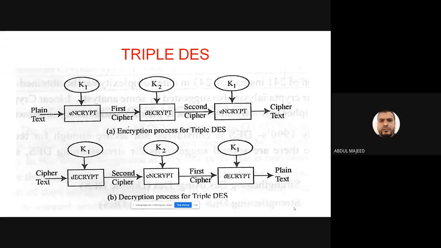By that time it looked good, because fewer computational devices were available. But slowly the computational devices improved. The key size we have taken is 56-bit only, a 56-bit key.